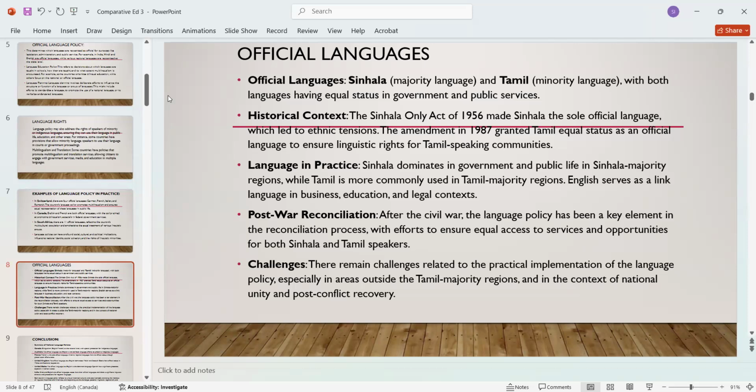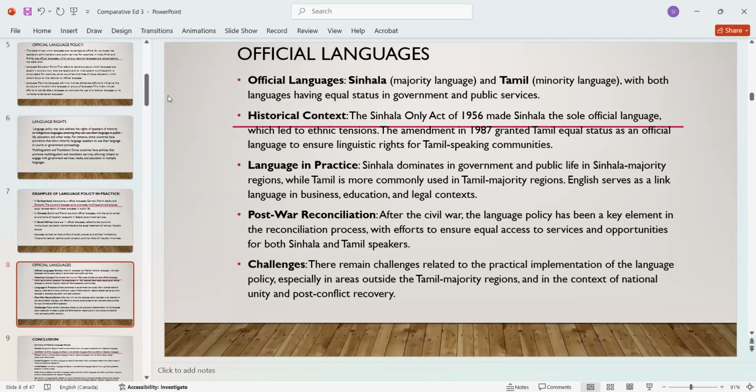So what are the challenges we face? The main challenges are related to the practical implementation of the language policy, especially in areas outside the Tamil majority regions and in the context of national unity and post-conflict recovery. Right? So in Tamil regions, all the things are done in mother tongue, right?